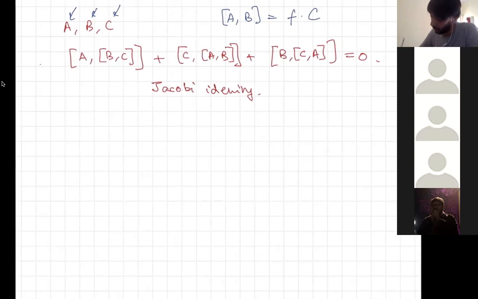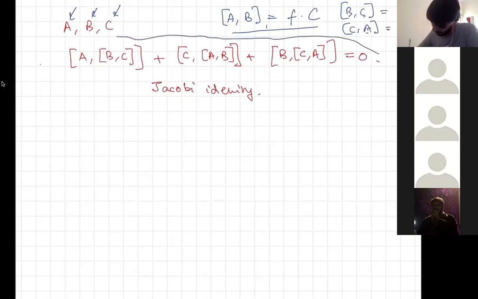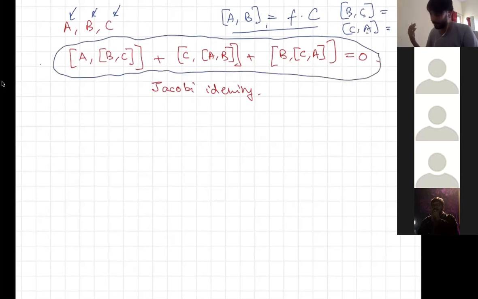If you write down something of a form like this, and [B,C] is something else, and [C,A] is something else, you have to make sure that all of these give you at the end of the day something that satisfies this particular Jacobi identity.